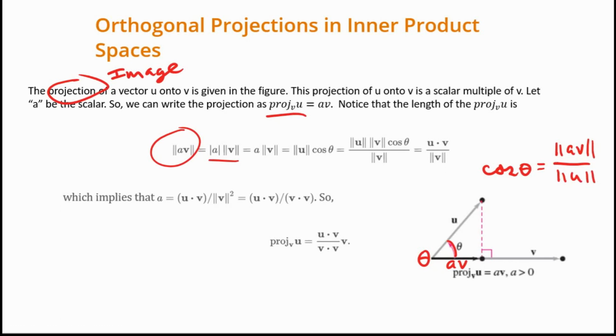So that's how he gets the norm of av is equal to the norm of u times cosine theta. So that's where this comes in, right?